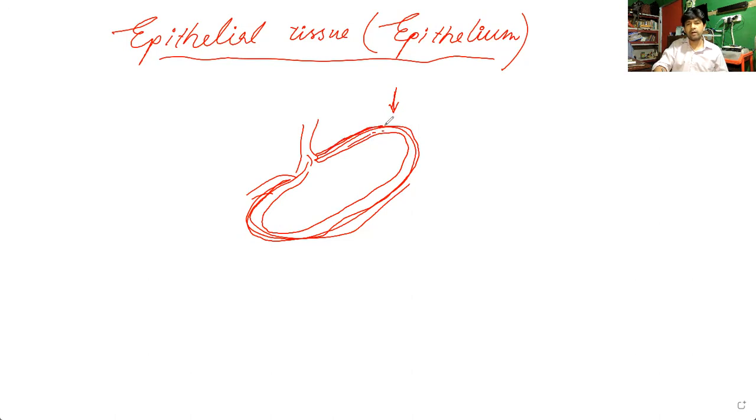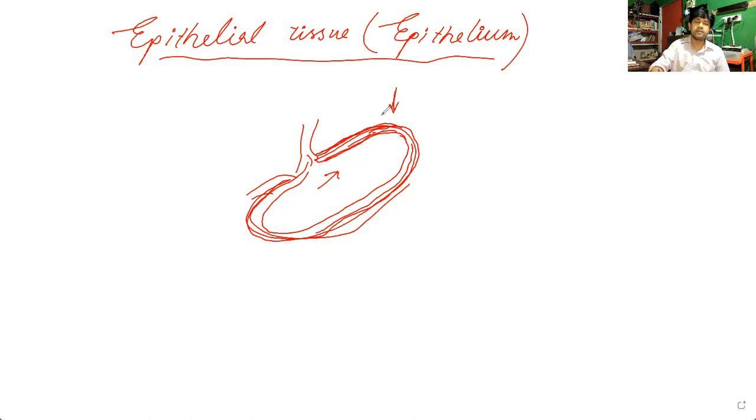Firstly, the outer layer, the outer membrane, may be damaged. In the same way, if anything happens from inside, first this membrane will be damaged. The wall of the stomach will not be damaged. So in this way, every organ is covered from outside and inside.